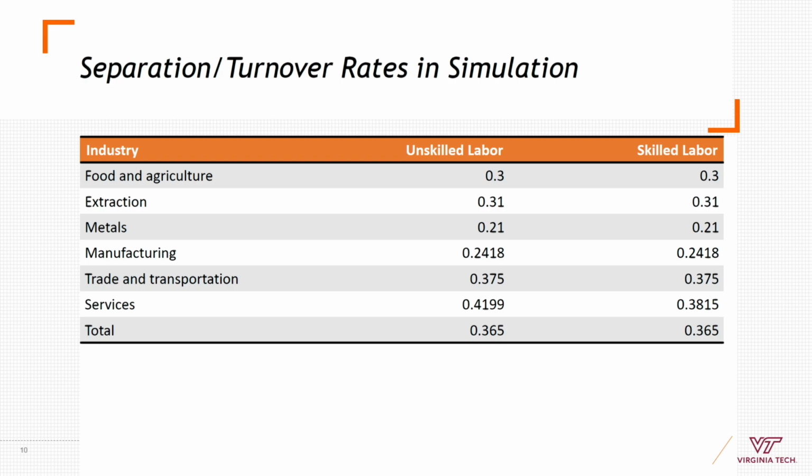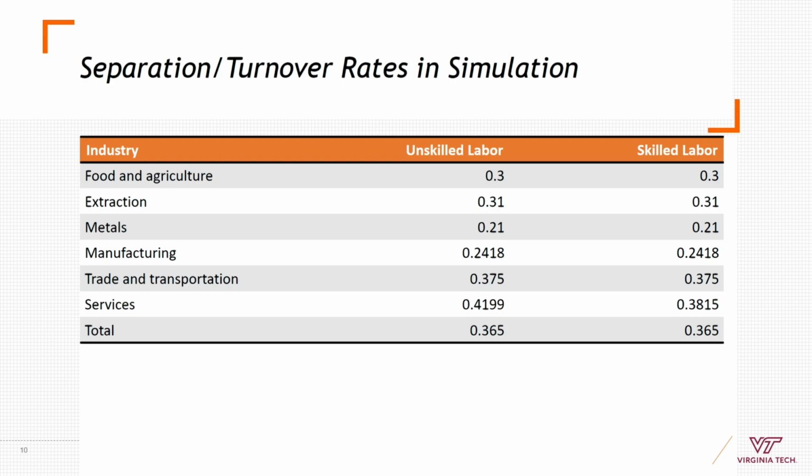For extraction, the BLS has mining and logging, so about a 0.31 extraction rate. For metals, that's durable manufacturing. And for the manufacturing sector, they split out durable and non-durable, but they also give you a composite manufacturing sector.